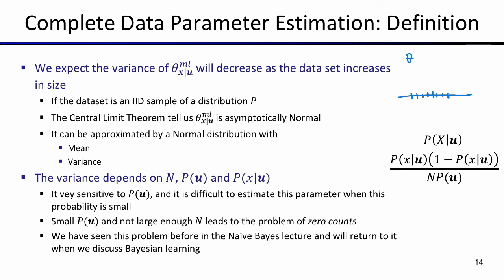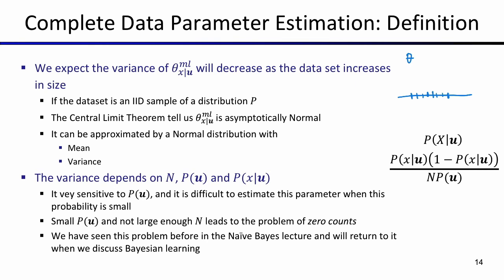And there is one interesting property that comes from the central limit theorem that says that this parameter theta will have an approximated normal distribution. And that is very interesting.